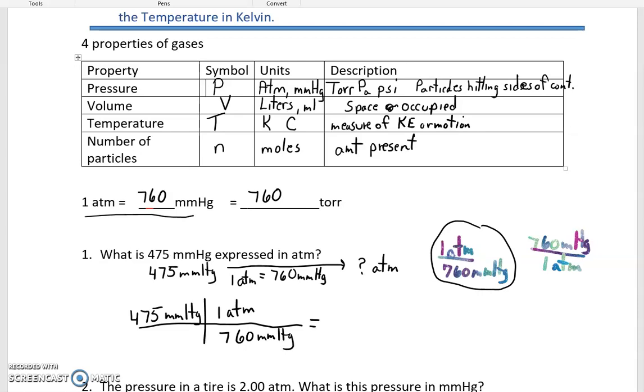Okay, so we'll take 475, multiply by 1, and divide by 760, and the number comes out 0.625. The millimeters of mercury cancels out because we've got it in the top and in the bottom, and we're left with only atmospheres.